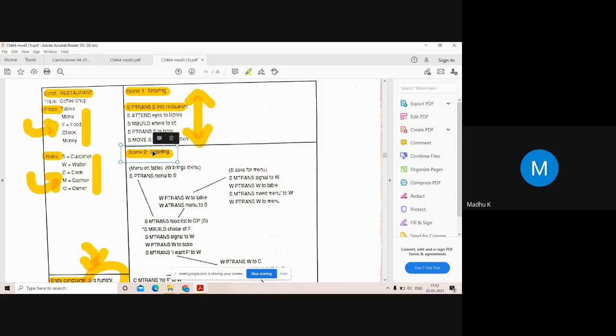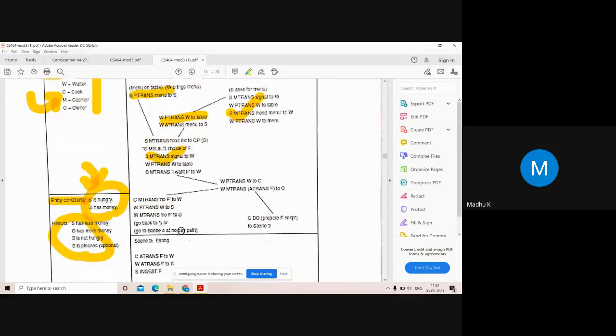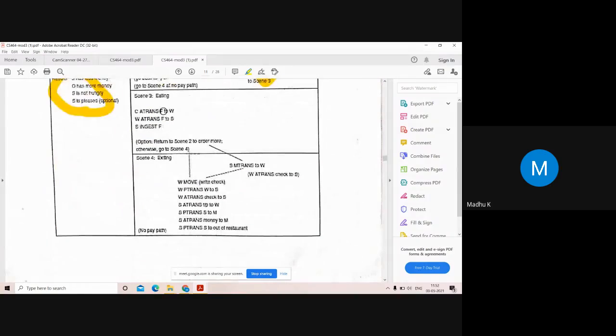Similarly, scene 2 is ordering, then these are the sequence of actions to be executed, which is represented in the conceptual dependency format. Just try to understand that concept. These are the different actions to be executed. So this is about the scene.